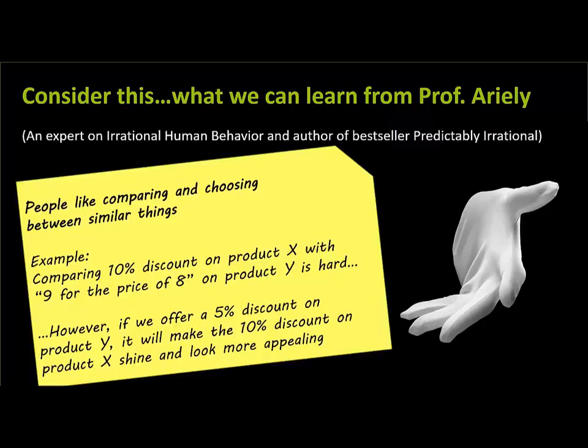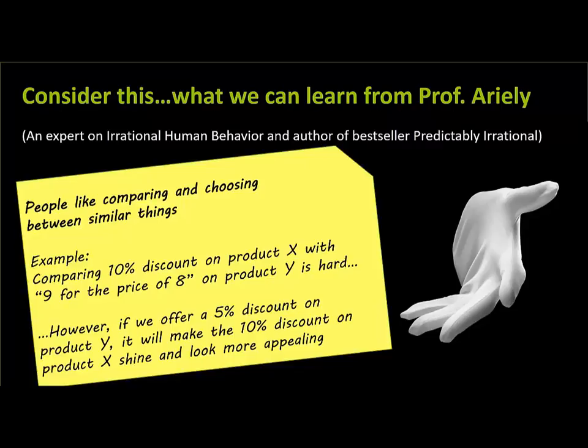Let me show you an example. You want to promote product X, so you're offering 10% on product X. You want this promotion to work really well. You want most of your customers to choose it. If you're going to offer it together with a promotion of 9 for the price of 8 on product Y, people are not going to be able to compare the two, so they're going to be indifferent.